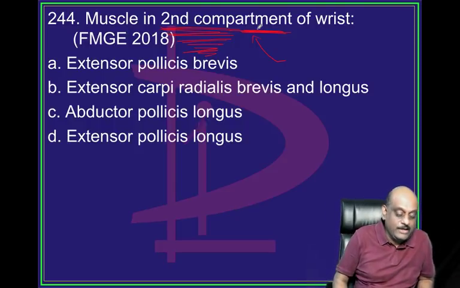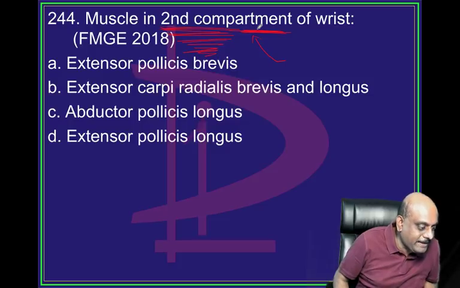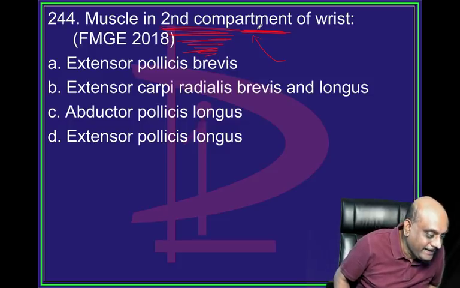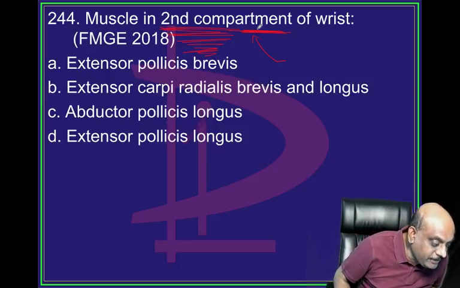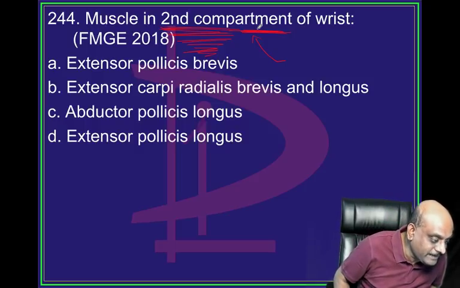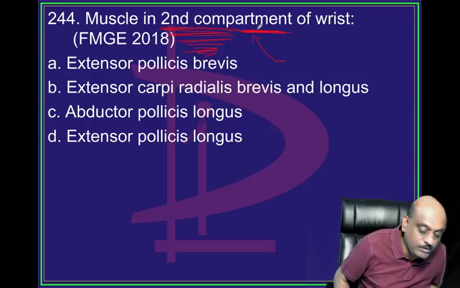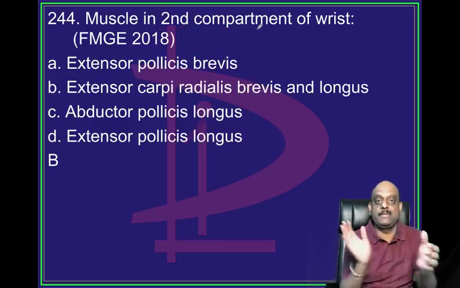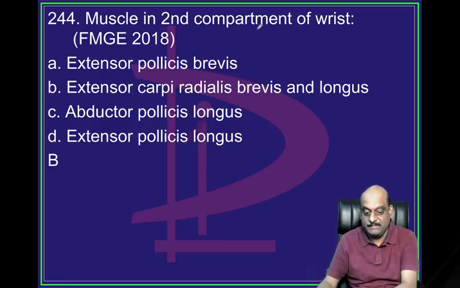Come on. Question number 244. Punch, punch, punch. Mohammed Meena is proposing extensor pollicis brevis. Vinusha trying luck with brevis and longus. Prasoon Vaidya also. Absolutely. Excellent.